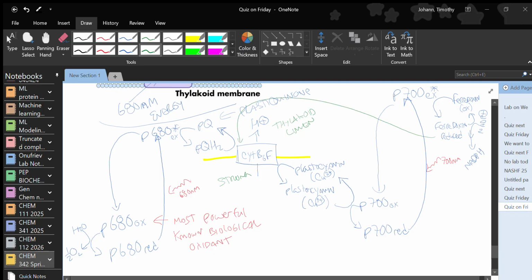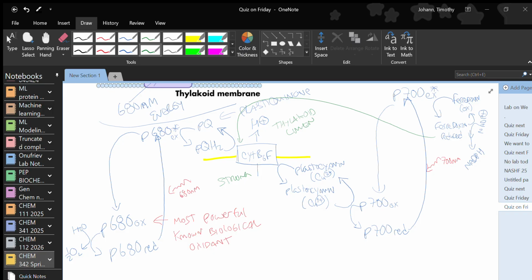So ferredoxin can donate its electrons here, and we can run them through here. Without getting new electrons, you can run them in a circle and not make the NADPH, but still make ATP because it pumps the protons across when that's useful. That's cyclic electron flow.